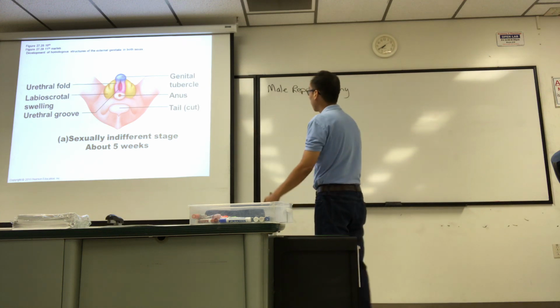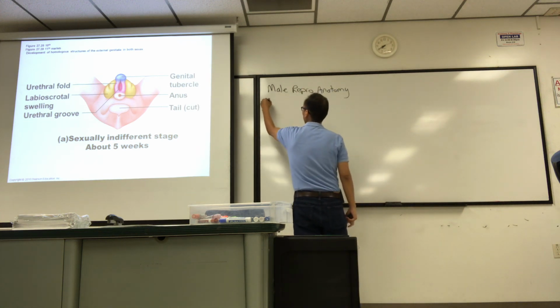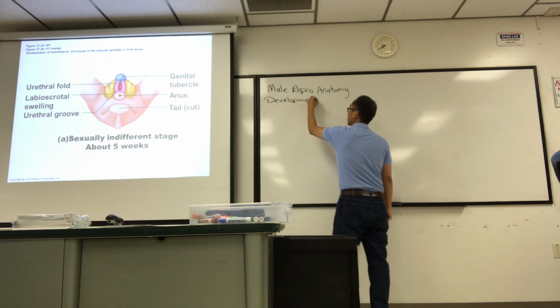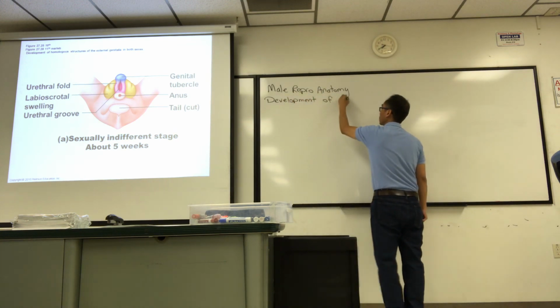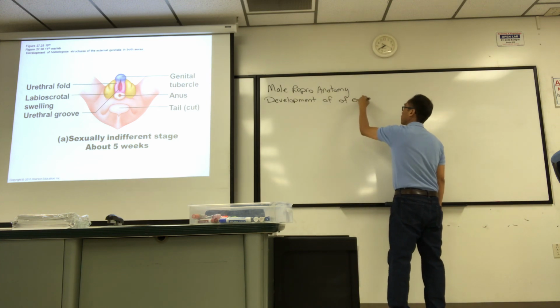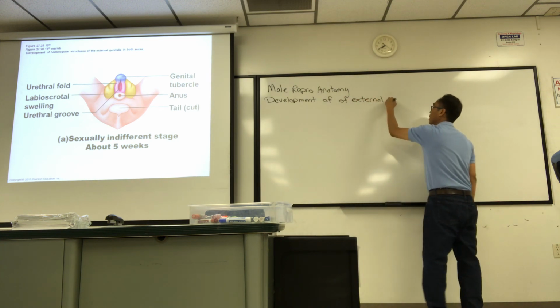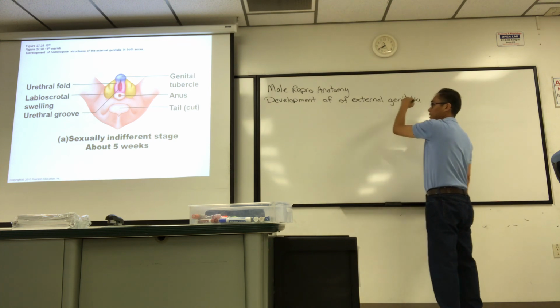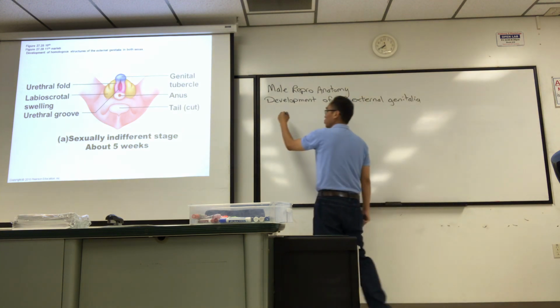So what they highlight there, call this development of the external genitalia. You got the genital tubercle.